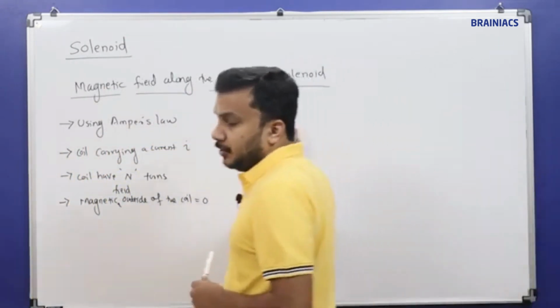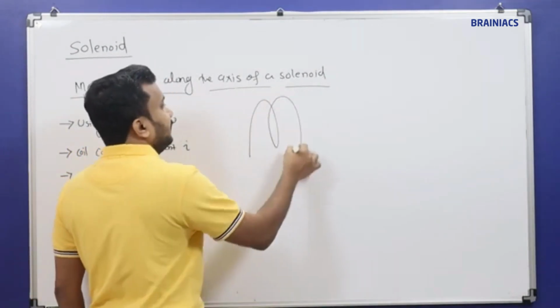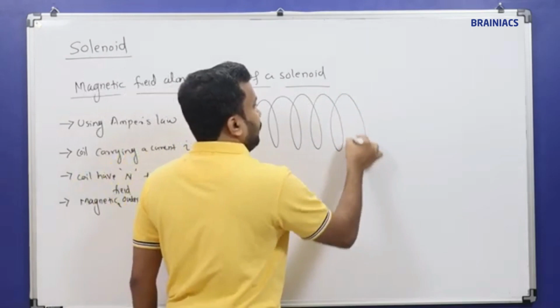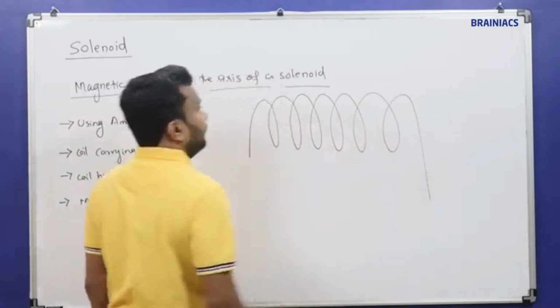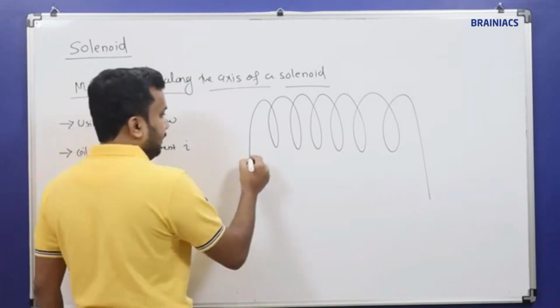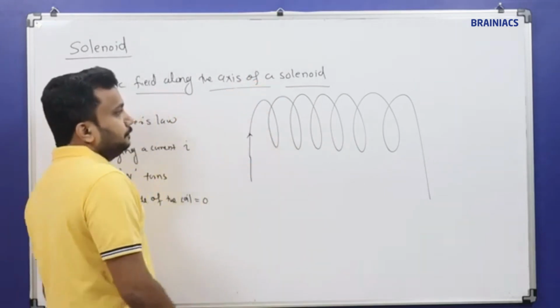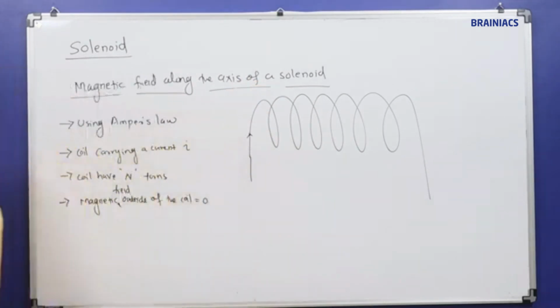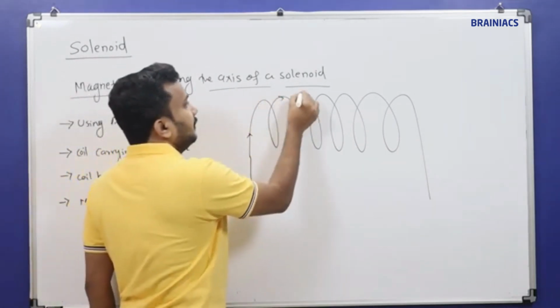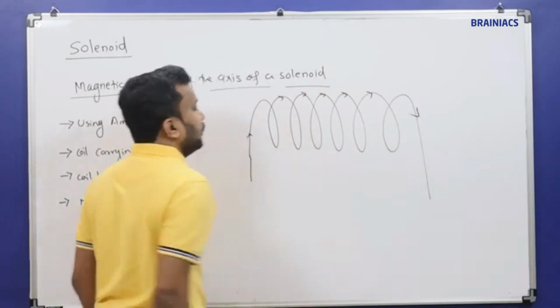So let's assume I have a coil like this, and the coil is placed here. The coil is carrying the current like this, flowing through the coil, rolling out and coming out.